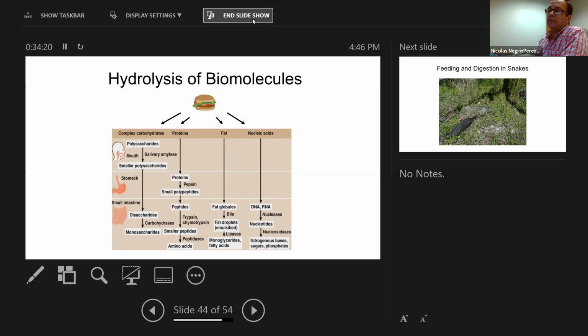Through the action of trypsin and chymotrypsin, which continue the action of pepsin, smaller peptides will form, which under the action of peptidases will break down into amino acids. Remember, I told you, they are absorbed by the intestinal cell through specialized and very specific transporters. Sometimes some transporters carry only one specific amino acid, not another one.